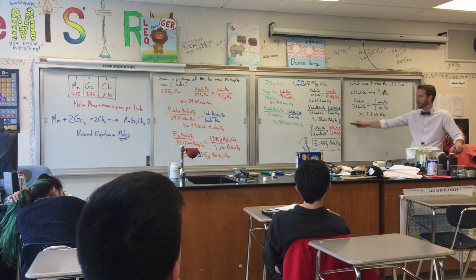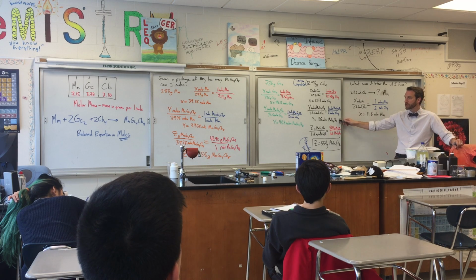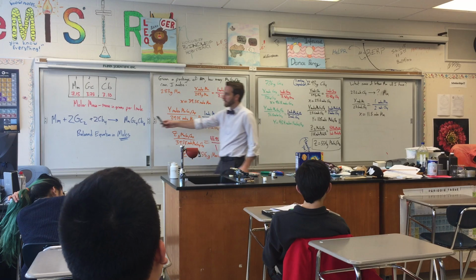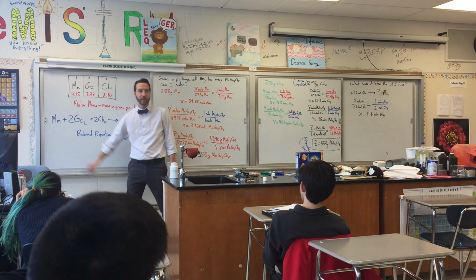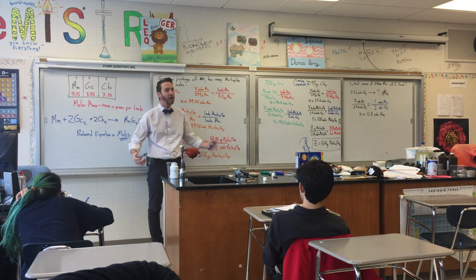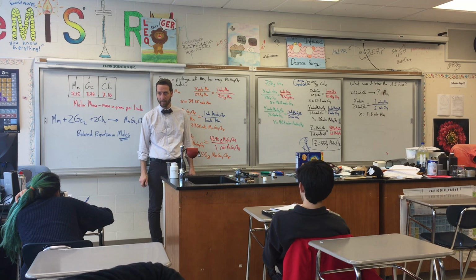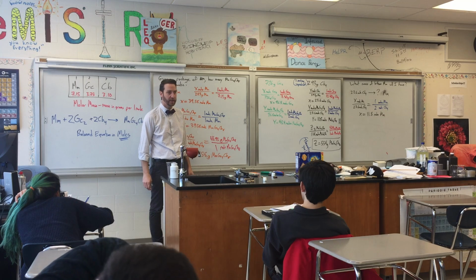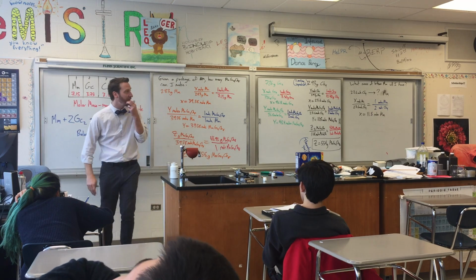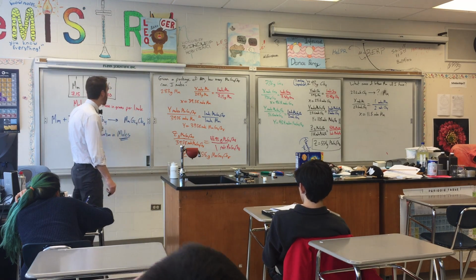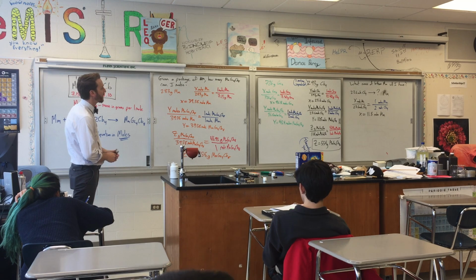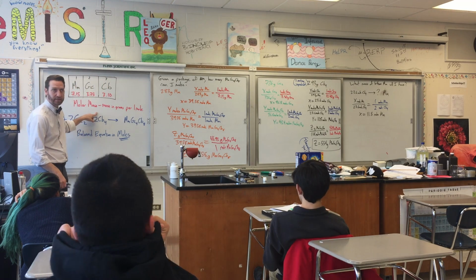So I could have gone from here and set up a proportion between the s'mores we made and the marshmallows we need. All these things are proportional to each other. I'm scaling this recipe up: instead of 2 chocolate bars, I'm saying 11.8.